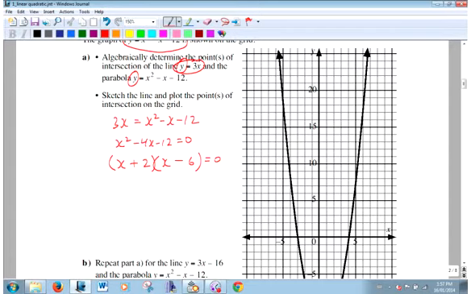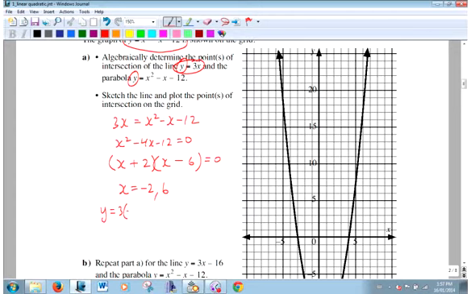X squared minus 6x plus 2x is minus 4x minus 12. Yes, it does. Okay. When's this thing equal to 0? When x is minus 2 or 6. Okay. That's just the x coordinates of my point of intersection. What's y? Okay, well, let's use the easy one.